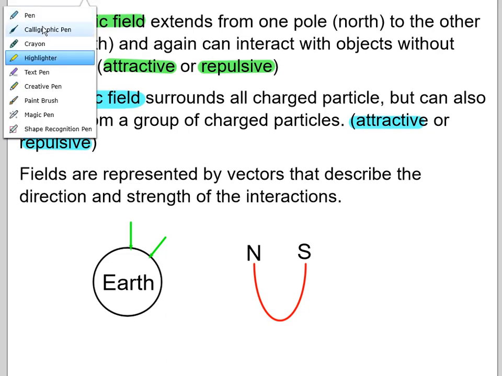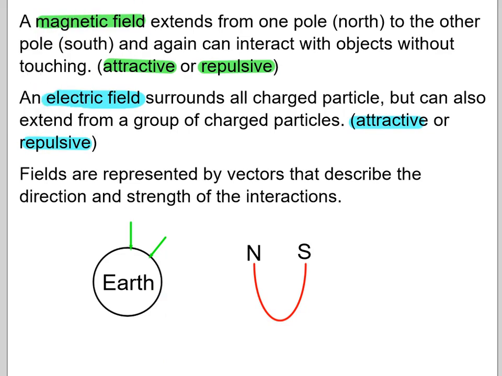So if we look at this field here, you can see a couple of vectors representing the gravitational field, and you'll notice they're all pulling down towards the Earth. And that would just extend off into space. The farther you get from Earth, the weaker those would get. But again, we'll talk about that in grade 12 a bit more. When we have a magnet, better use a different color here, let's use blue.